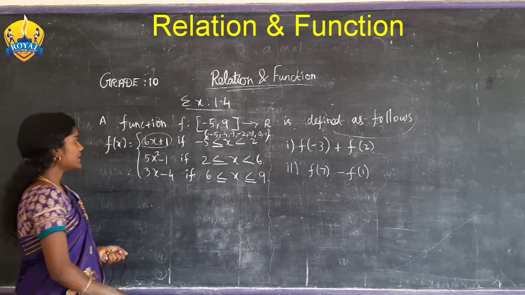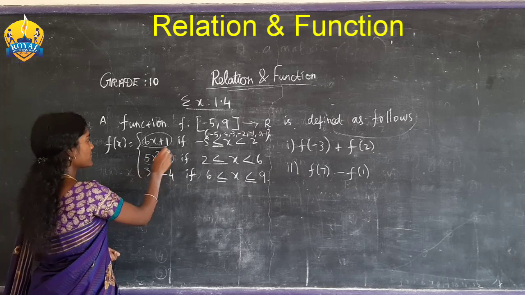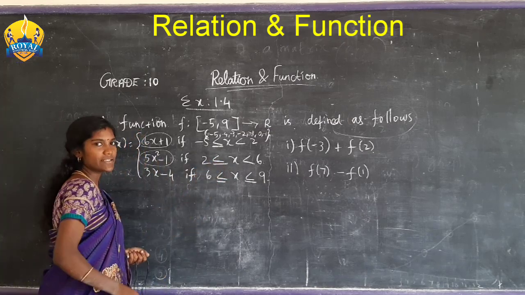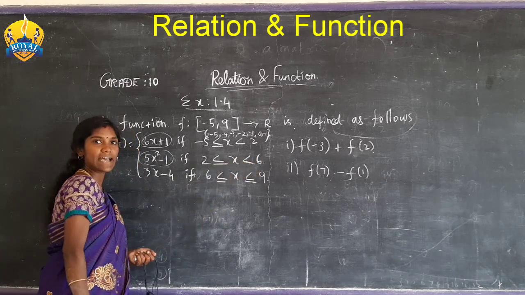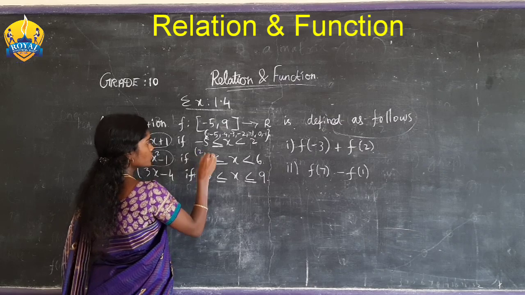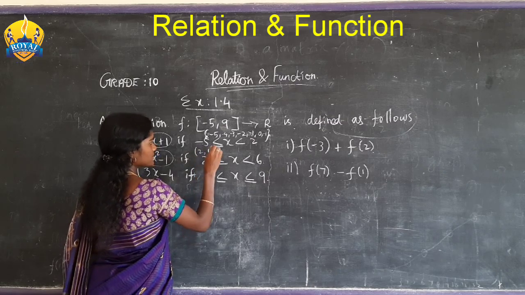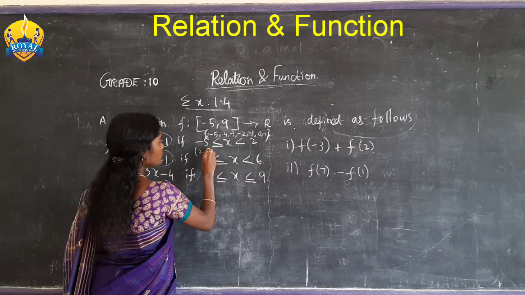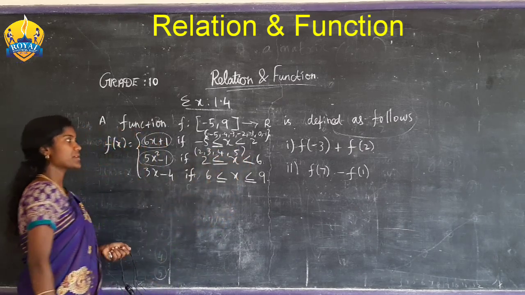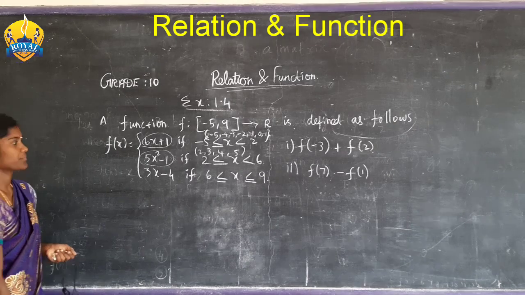Next, the condition 5x squared minus 1, if x is greater than or equal to 2 and less than 6. So the numbers are 2, 3, 4, 5.